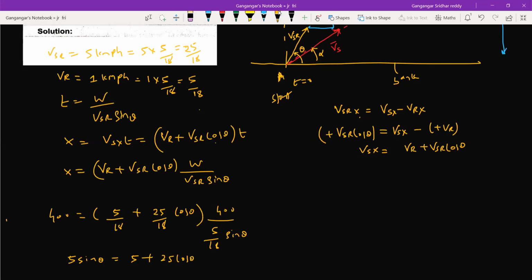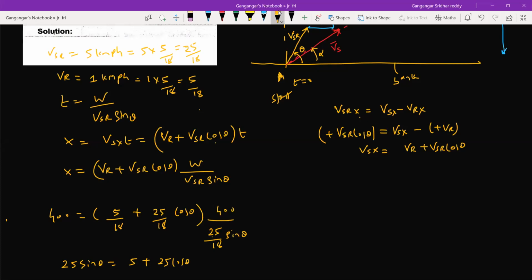Sir, it is 400 by 25, VSR is 25 by 18. Okay, I'll do the correction. 400 will cancel out. Here 18 will cancel out. So this will be 25 sin theta over 5 plus 25 cos theta.